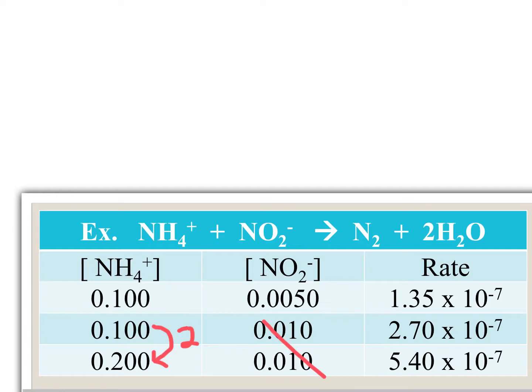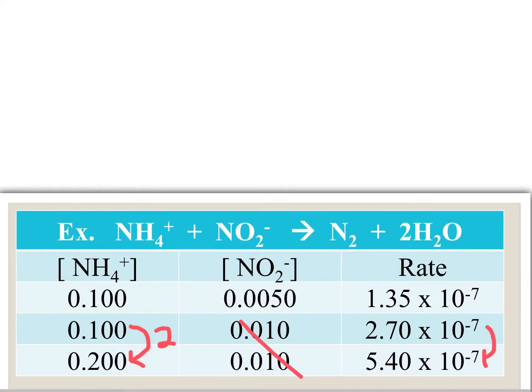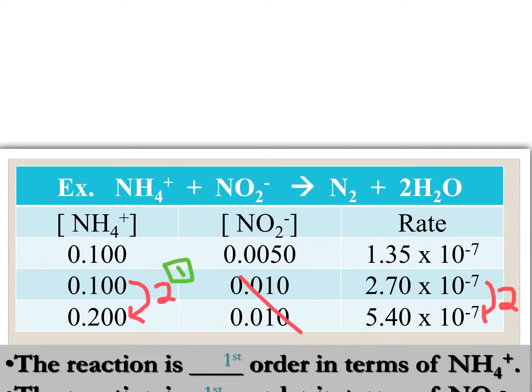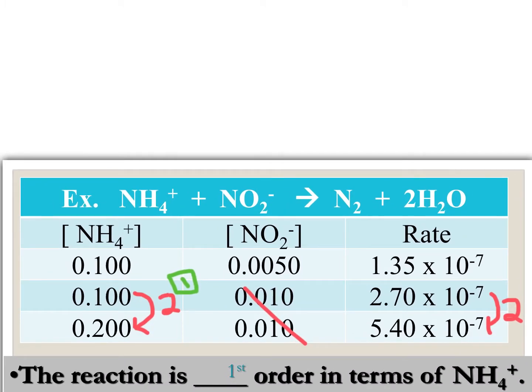I look at the rate. My rate also multiplied by 2. So 2 to the what exponent equals 2? 2 to the first exponent. So 2 to the first power, or first order. Therefore, NH4 is first order.